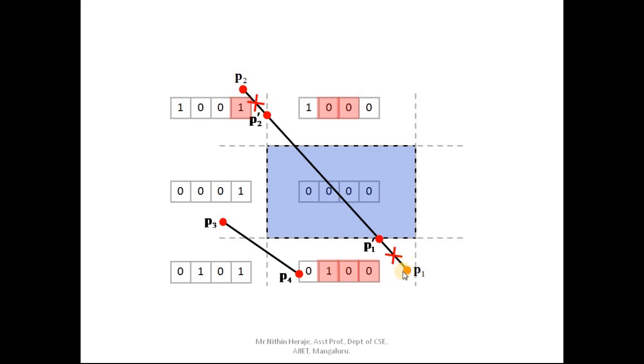So when the point is in the bottom region, you need to find the horizontal intersection point, and this new point we call P1 dash. Here we need to find the x and y value for this P1 dash.